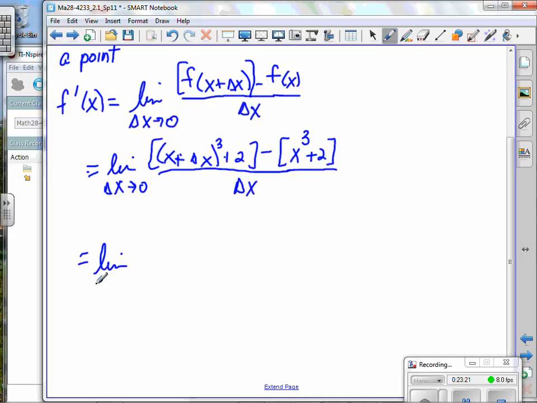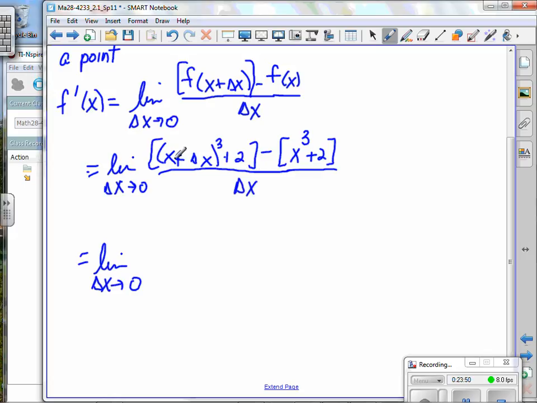And by the way, we never drop the instructions of taking the limit until we do what? Direct substitution. When I can make direct substitution and I can put 0 in for delta x and it does not make it undefined, I'm as happy as can be because I'm able now to take the derivative. I can't substitute 0 in here because I get a 0 denominator.